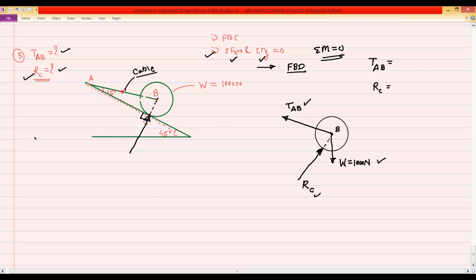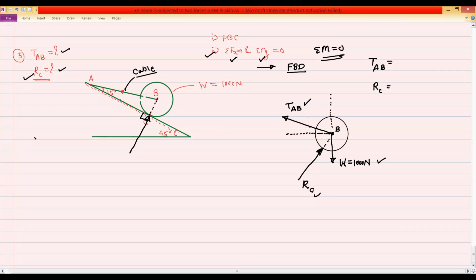To use summation Fx or summation Fy, the first step is to resolve the forces. That means we have to find the x and y components of the tension AB and reaction RC. To find these components, we first have to find the angle with respect to the x-axis. So consider this line as the x-axis and this as the y-axis.